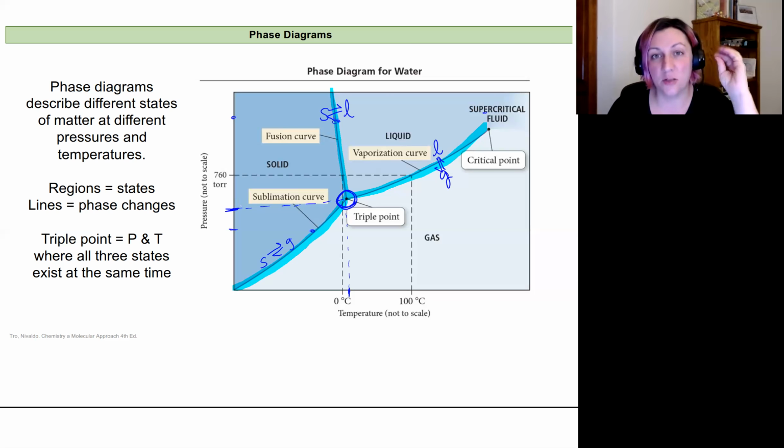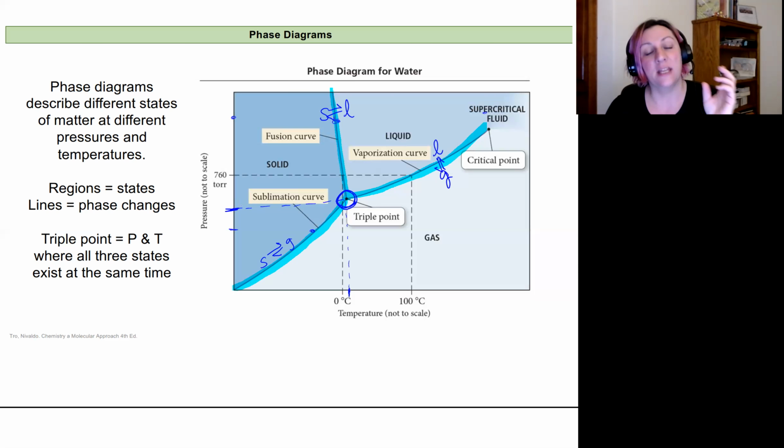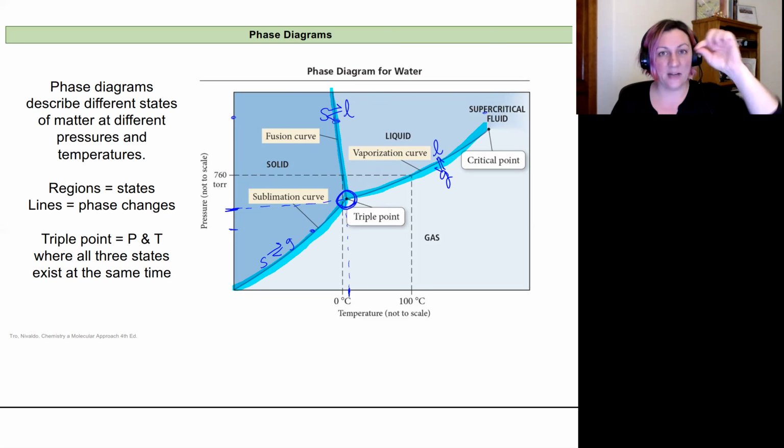If you can imagine boiling ice water, then you can imagine the triple point for water. It's pretty cool. I will link a video demonstration of the triple point of not water, but a different compound. So you can see the weirdness of seeing solid, liquid, and gas all in the same flask at the exact same time.